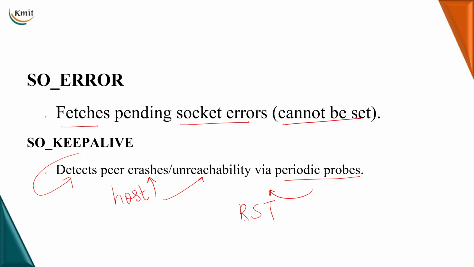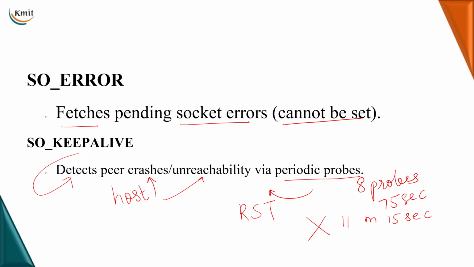But if there is still no response after 8 probes, where the probes are made 75 seconds apart, then we wait another 11 minutes and 15 seconds, and then the connection will be closed.